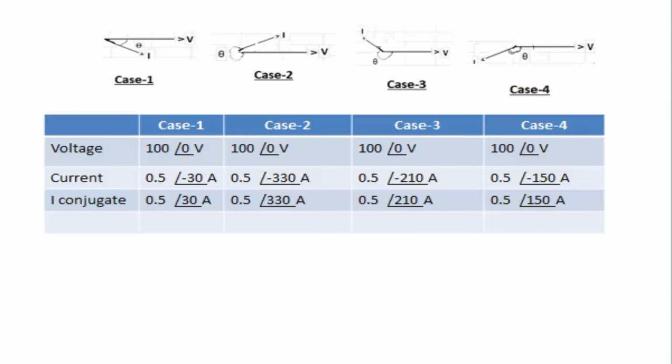Now, we got two quantities, voltage and current. These are measured quantities. Now we are going to see the derived quantities, watt and var. Before that, we have to see the conjugate of current. The conjugate of a value means reversing the sign of the angle.